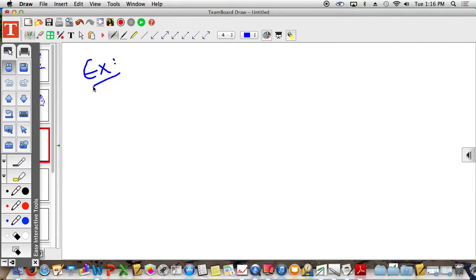f of x equals x plus 1. G of x is equal to x squared minus 2x plus 1. Graph it on your calculators, get an idea of what this graph looks like.